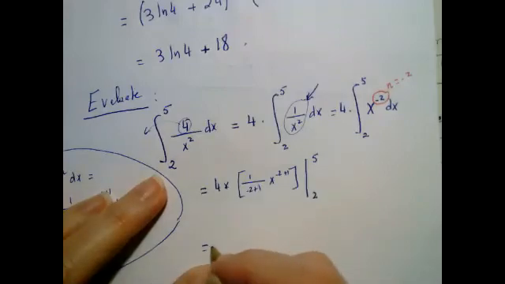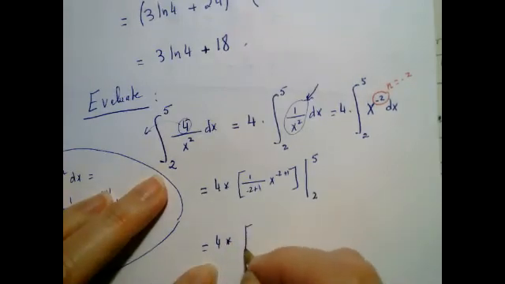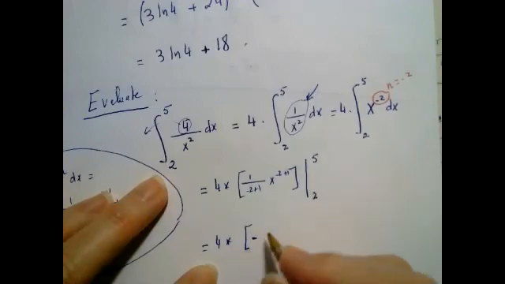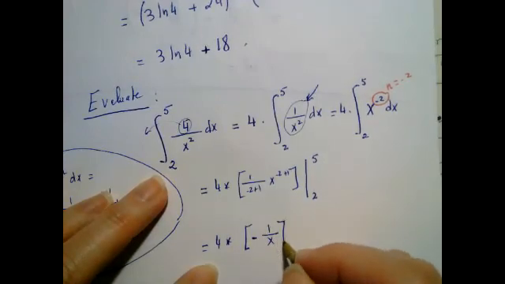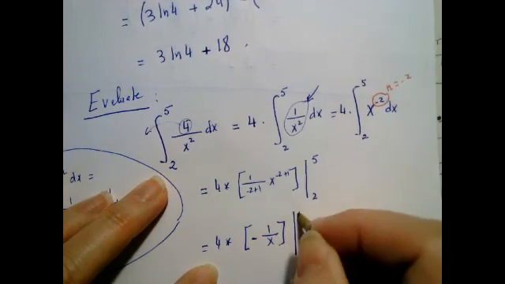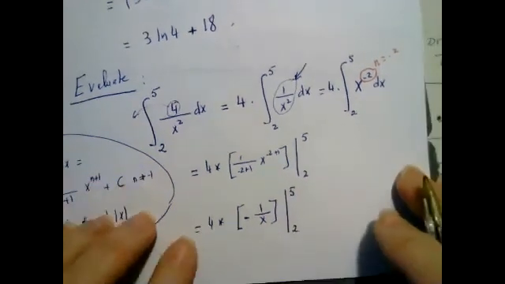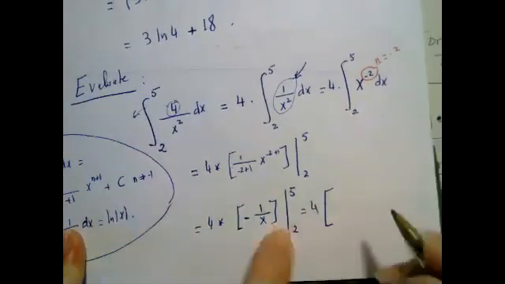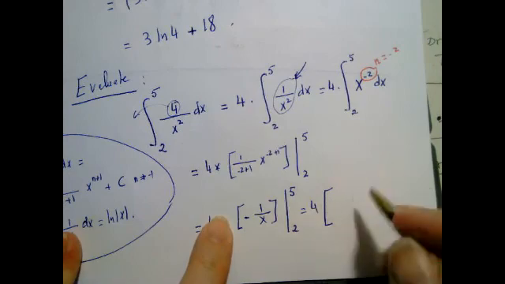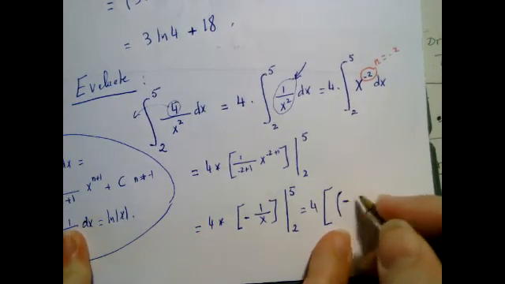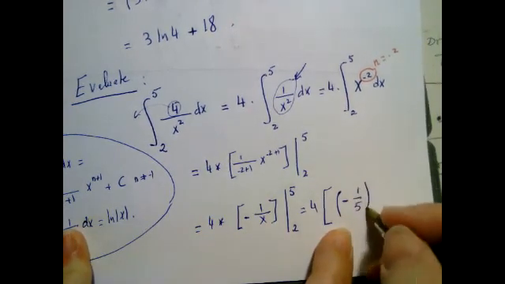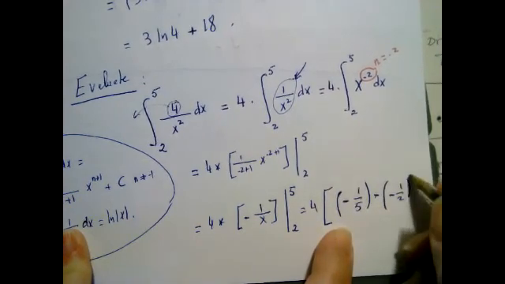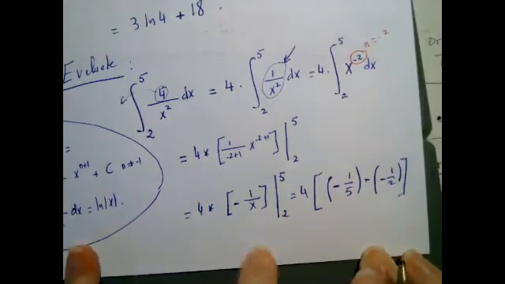So it's equal to 4 times minus x to the minus 2 plus 1, which is 1 over x, evaluated between 2 and 5. So finally equal to 4 times the value at the upper limit. It means minus 1 over 5 minus the value at the lower limit, which is minus a half.